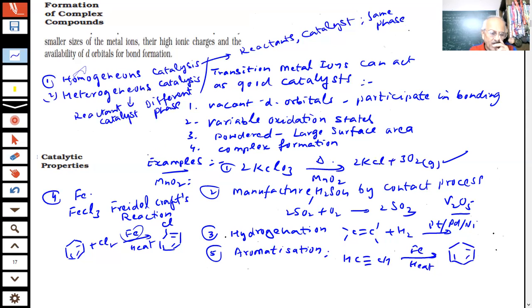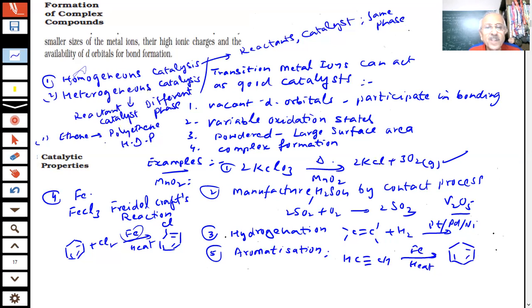You know, one very important catalyst is used for the preparation of high density polyethylene. In polymer chemistry, we are going to study that we convert ethene into polyethylene by polymerization, high density polyethylene, HDPE.